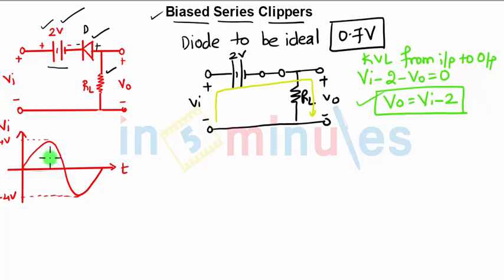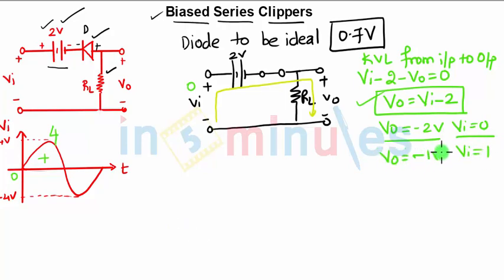Now in the positive half cycle, here we are dealing with the positive half cycle, our input is varying from 0 to 4 volts. Initially you have VI as 0 volts. So what will be your VO for VI as 0 volts? It will be minus 2. When your VI is 1, you are getting VO as minus 1 volt.